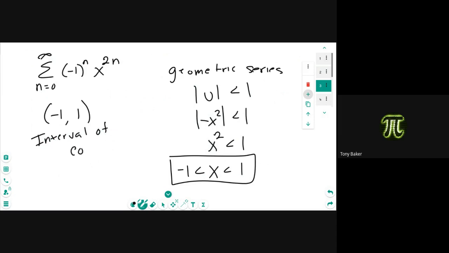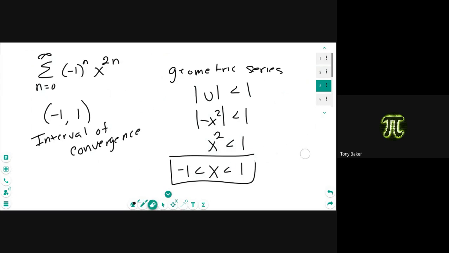How did you... So because if you take the square root, you end up getting x is less than plus or minus 1, which it can't be less than +1 and less than -1, because you wouldn't have any difference. So in essence, what ends up happening is it ends up being the absolute value of x is less than 1, because -1/2 would give you a positive type thing there.